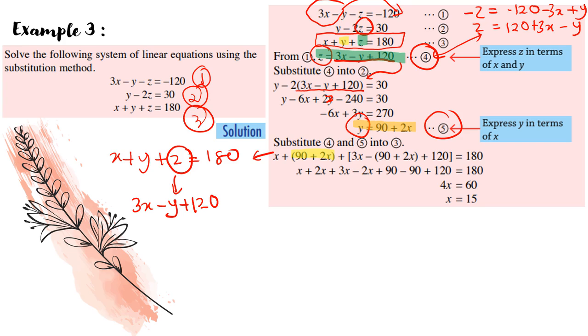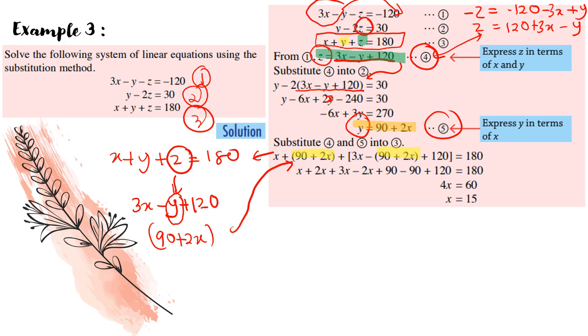So this is z, but for y, you already have 90 plus 2x. That's why it becomes like this: x plus y, 90 plus 2x, and then z, 3x minus y plus 120, is equal to 180.